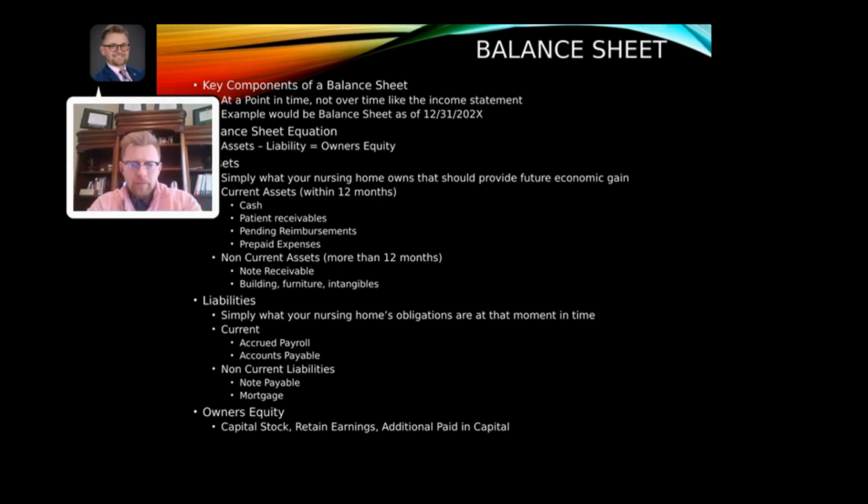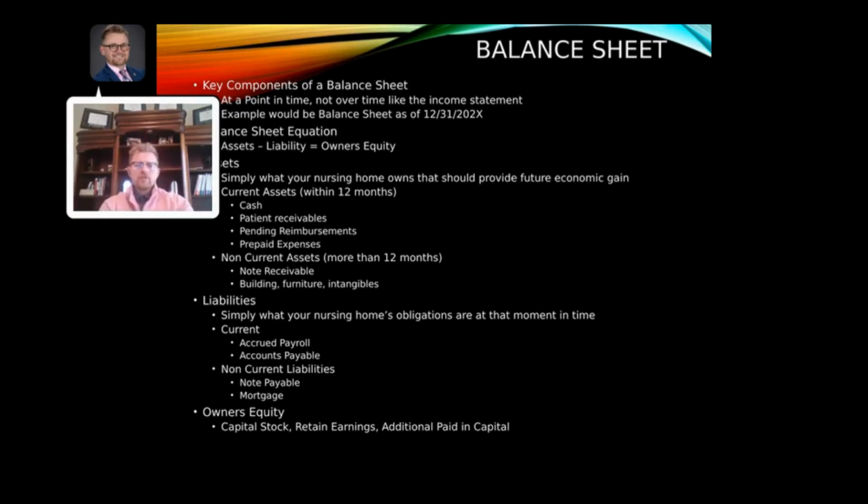So most commonly, the balance sheet will be as of 12/31 of a given year. And what you would do is compare, say, the balance sheet for 12/31 2022 with 12/31 2023 to see how those components within the balance sheet have changed, and then try to understand why they changed.